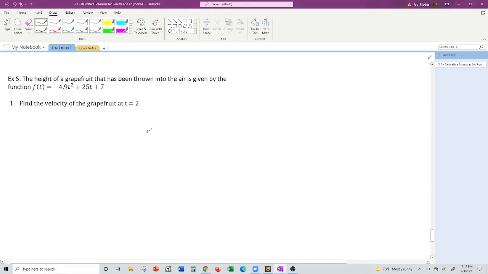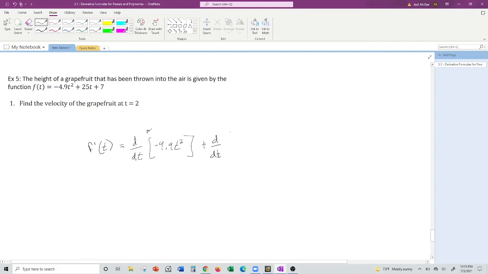Well, we just made a little note that said velocity is the derivative of position. So we need to go ahead and take the derivative of this height function. So this is going to be the derivative with respect to t of negative 4.9 t squared, plus the derivative with respect to t of 25t, plus the derivative with respect to t of 7.